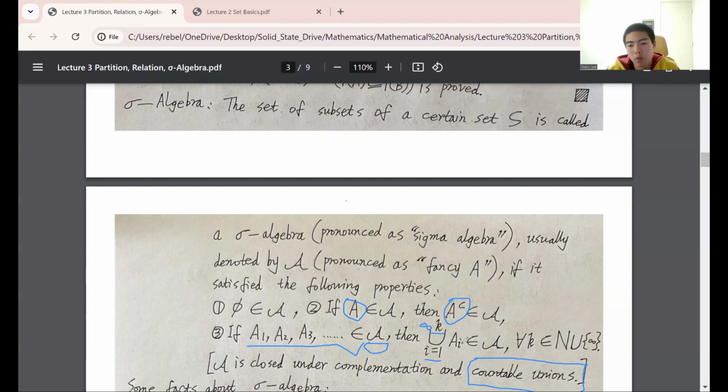It's defined that way in most books, but I like to say that if it's just A1 union with A2, it's also in it. A1 union with A2 and A4 is also in it. So the K here denotes any subset of the set 1 to infinite. Any subset union is also in it. It's very easy to prove from the definition in most books, so I just extended it a little bit from the original version.